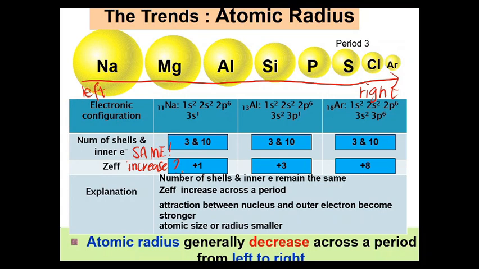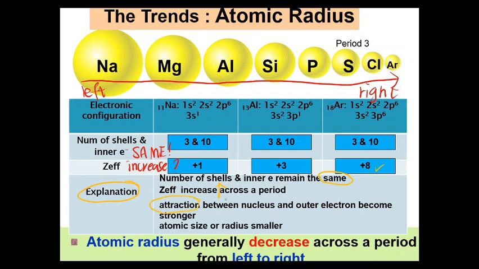So what would happen to the atomic radius when moving across the period? Okay, we can explain that the number of shells and inner electrons remain the same, but the effective nuclear charge increases across the period, that is from +1 to +8.